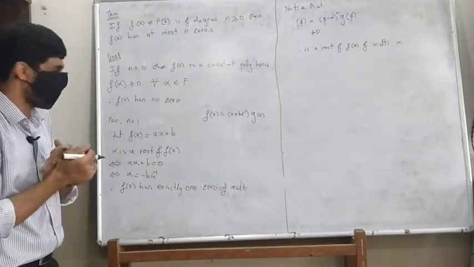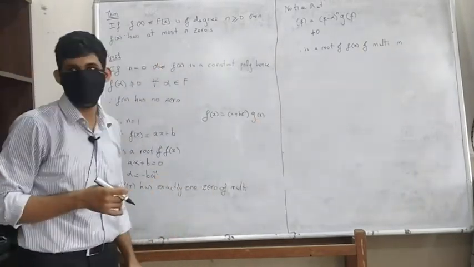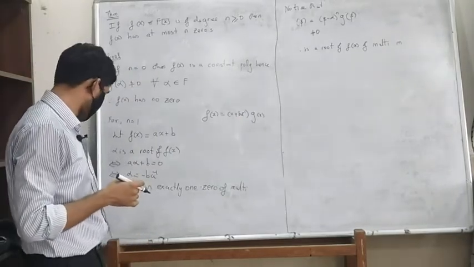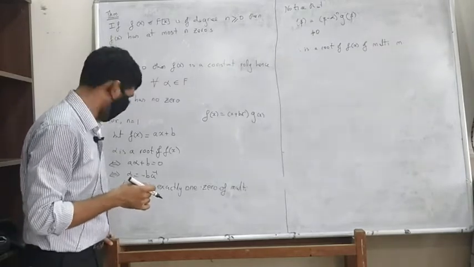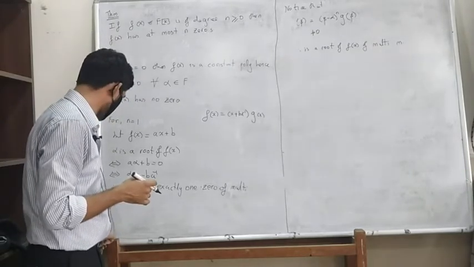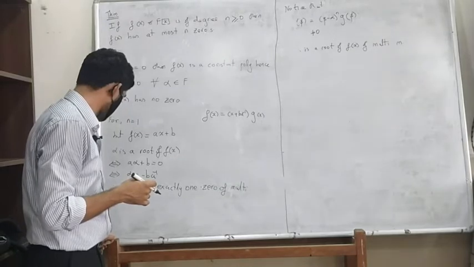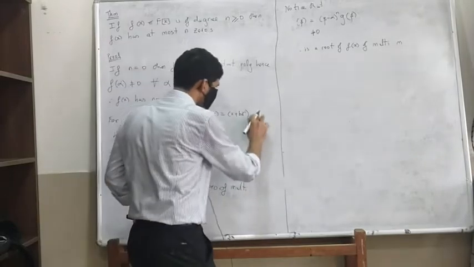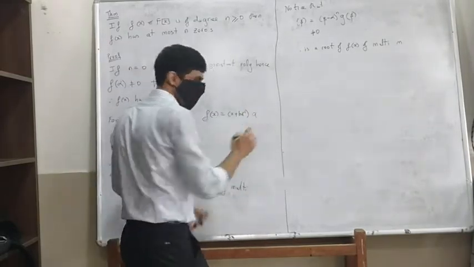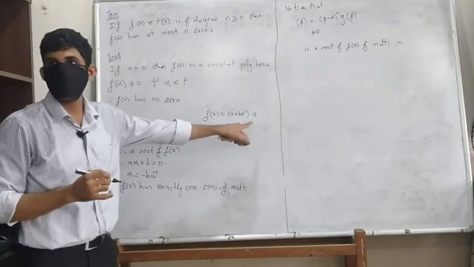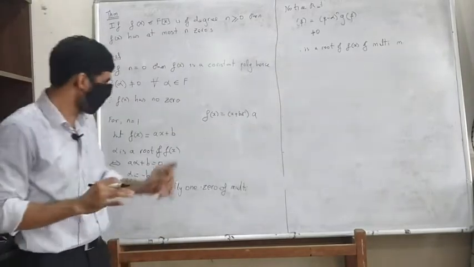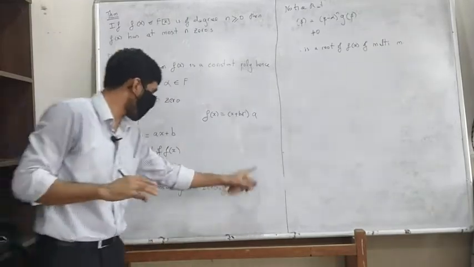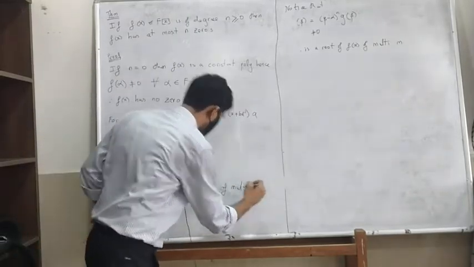What is this g of x? It is a, I suppose. Right, it's the constant polynomial a. That works. So this tells you that f has exactly one zero, and the multiplicity of this is also 1.